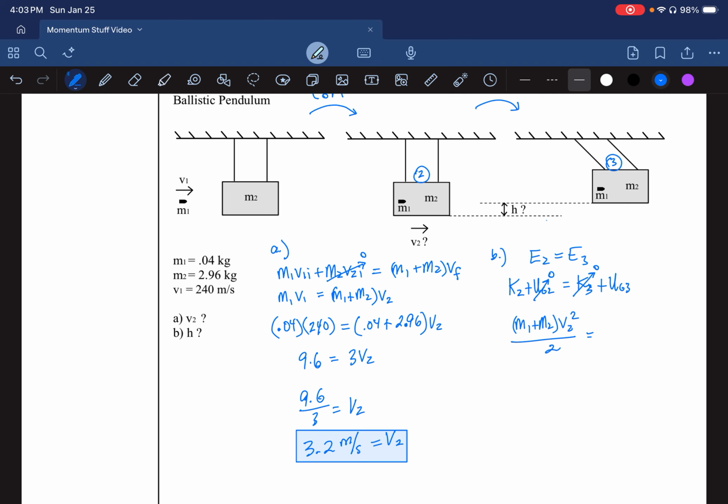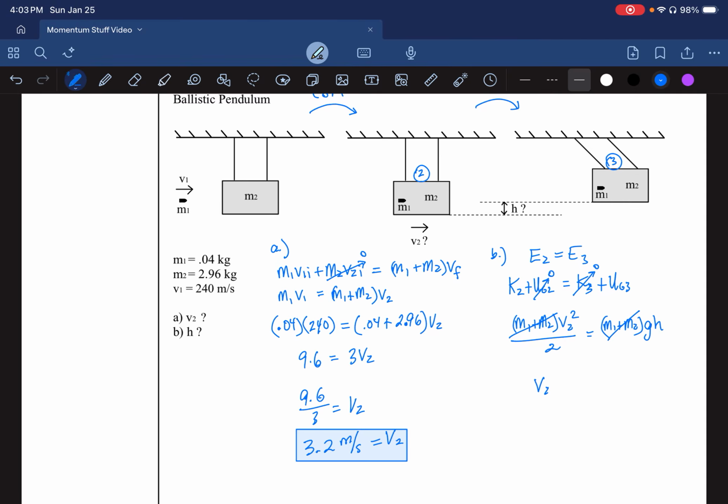And at 3, the gravitational potential energy is m1 plus m2 times g h. We can cancel the mass 1 plus mass 2. And we're solving for height, so this would be v2 squared over 2. I'm going to divide both sides by g to get h by itself.